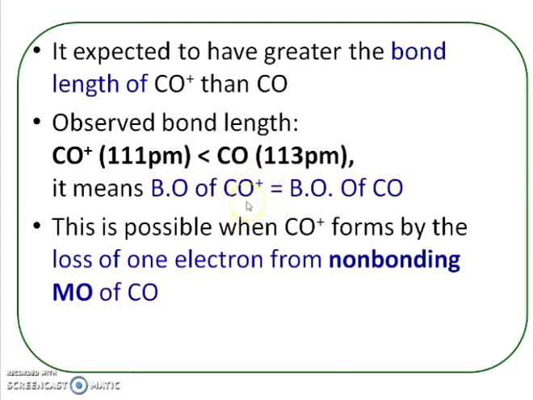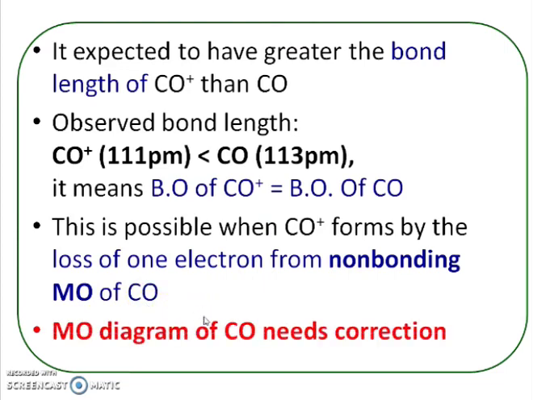The bond order should not be greater than 3 because the maximum bond order is 3, and carbon monoxide has a bond order of 3, and the same bond order is expected for the CO plus ion. This is possible only when there is a loss of one electron from a non-bonding molecular orbital of carbon monoxide, and therefore there is a need for a correction of the molecular orbital diagram for carbon monoxide.